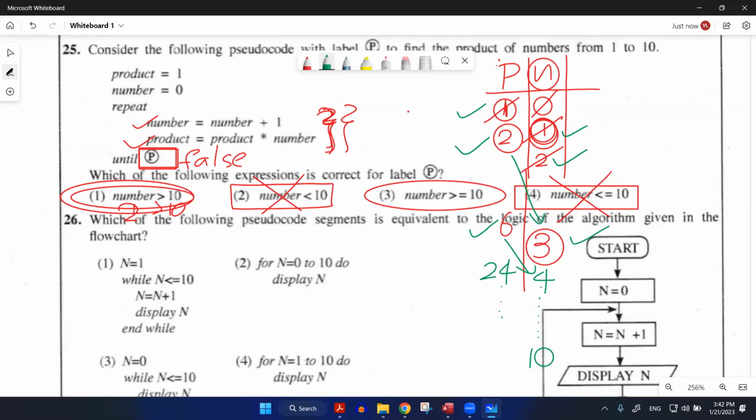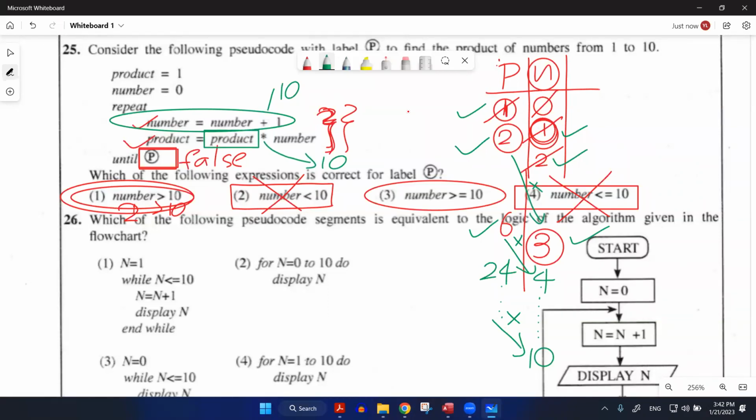Right? Once it becomes 10, then only the multiplication by 10 is going to happen. So from here, it makes the number 10. Then whatever the product that we have will be multiplied by 10.